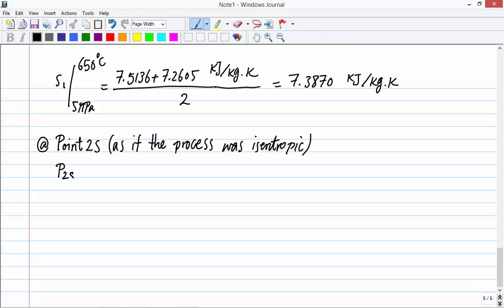So let's say P2S. Everything now has a subscript of S. 50 kPa, and then S2S equals S1 that I've just got a couple seconds ago.